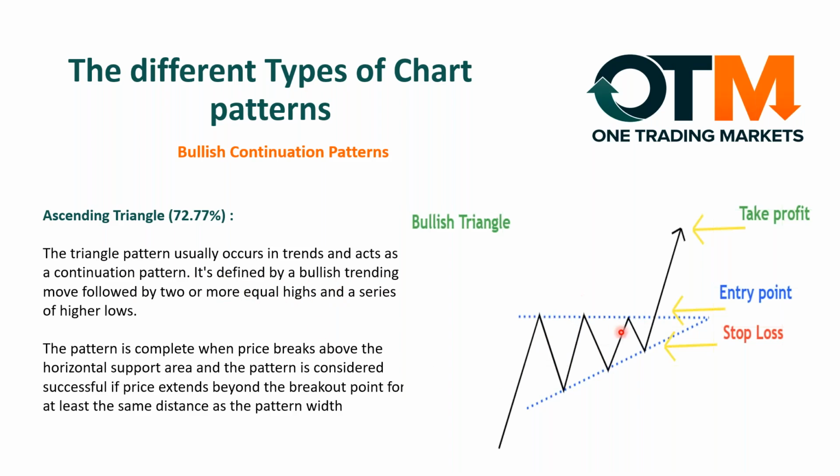So notice how it goes up, with equal highs and a series of higher lows. Now the pattern is complete when the price breaks above the horizontal line. This is the resistance, basically, not the support area. The support area is at the bottom. And we consider it a success if the price extends beyond the breakout point, which is this point right here, for at least the same distance as the pattern width.